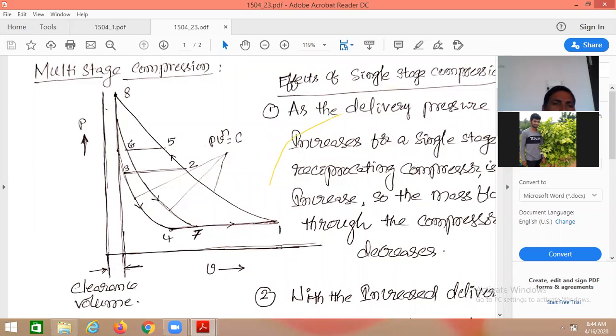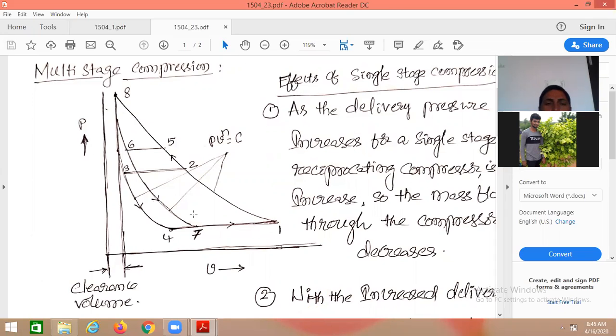The constant clearance volume provided for the cylinder is V3, or corresponding V8. This is fixed. The clearance volume in a single stage compressor is provided for free movement of the valves, the inlet valve and the delivery valve.